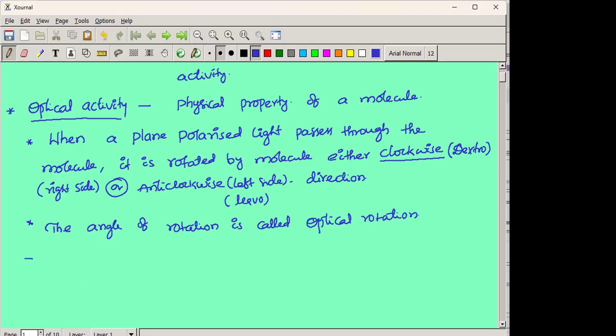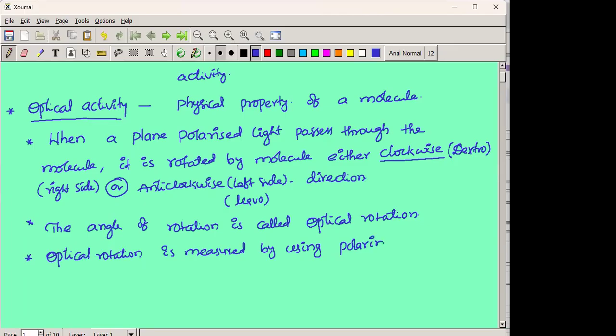This optical rotation, the angle of rotation, is measured by using a polarimeter. Which meter is used to detect the optical rotation? That is the polarimeter.